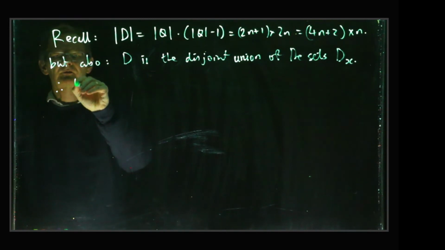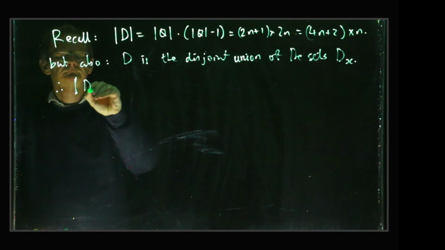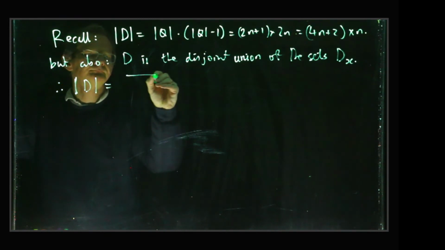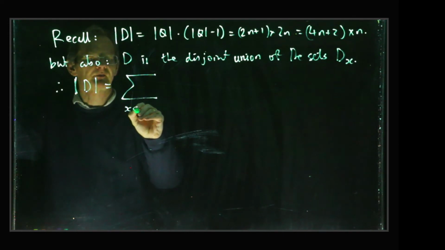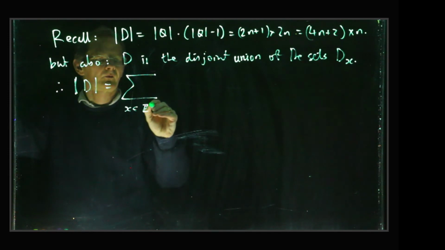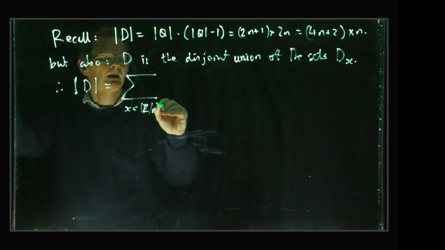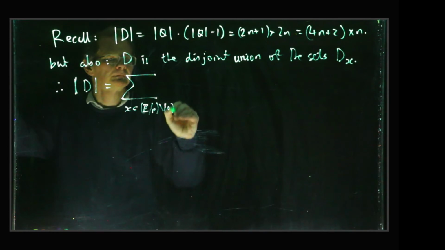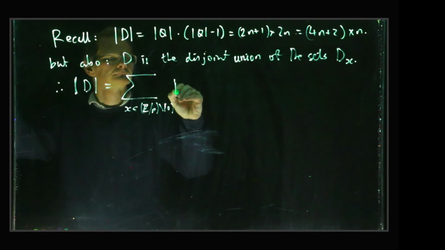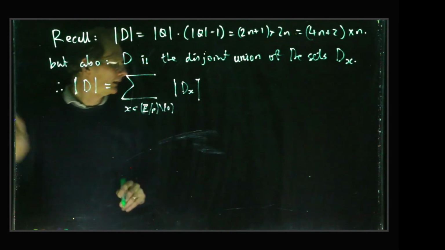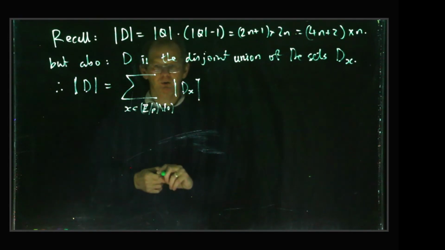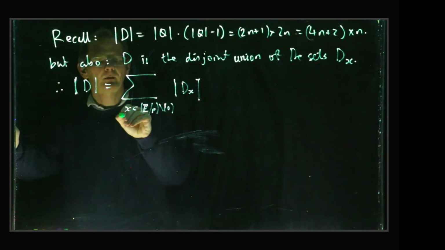So we see that the size of D is the sum over all these x's, and remember that these x's were in the set Z mod p with 0 removed. So we look at this sum here. What do we got?